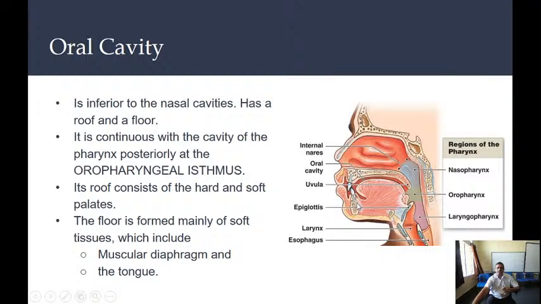Then above that, the genial tubercles, the upper two, there is a muscle which is attached to the tongue, which is called genioglossus, from the genial tubercles to the tongue. So these are the three layers: mylohyoid, geniohyoid, and genioglossus.